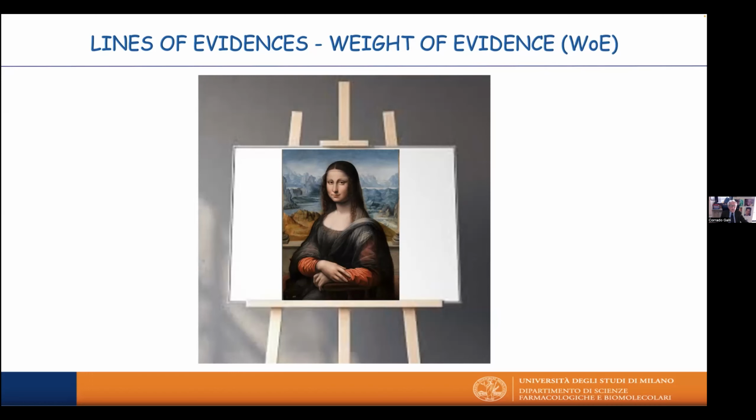So you have to weigh all the lines of evidence put together, and try to find a consistency among all the lines of evidence in defining the point of departure.